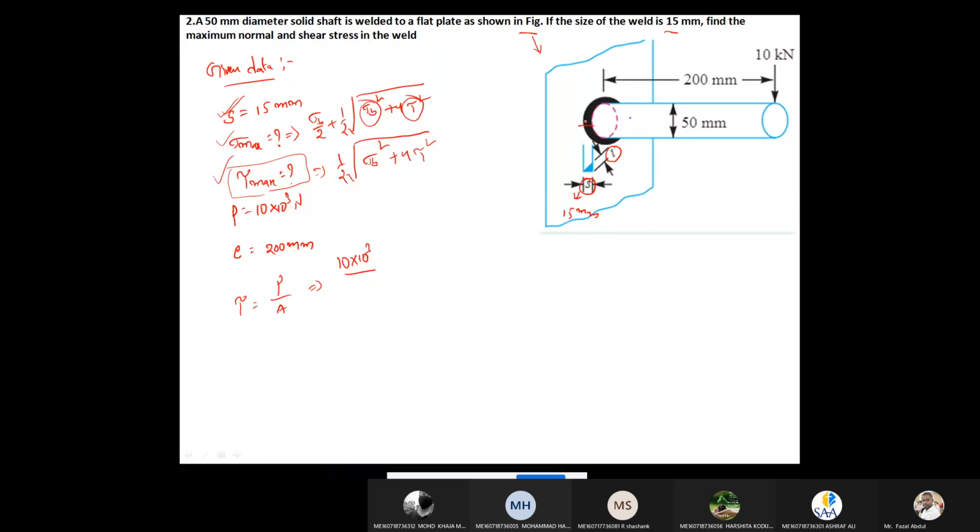If you open the black color welded portion, it will form a long rectangle, like a kind of ribbon. This is the length of the weld, and this is the throat thickness. Okay, Babu. So if we open this long rectangle, what is the length of this one? Pi into d is the length, and this is the thickness, the throat thickness.